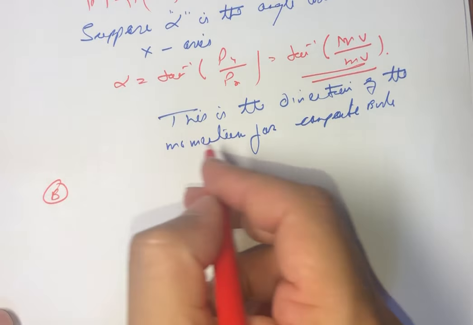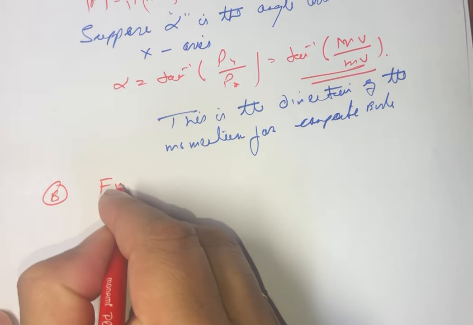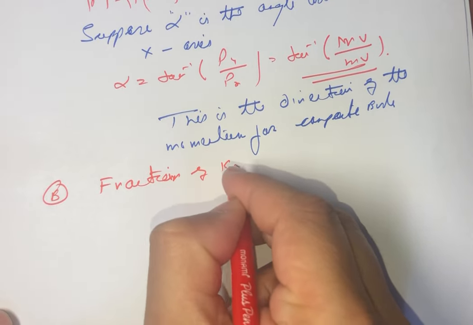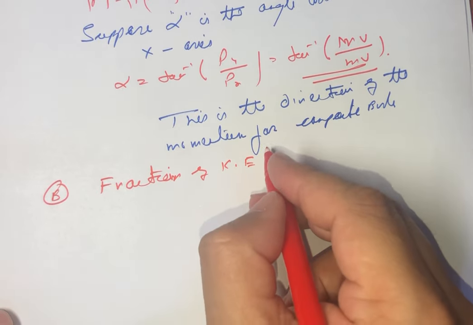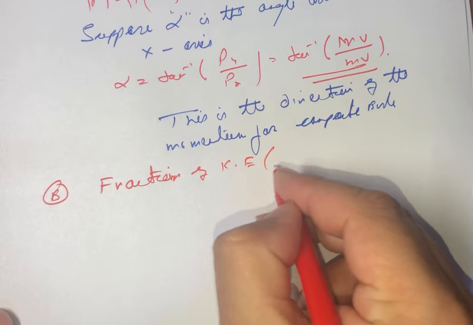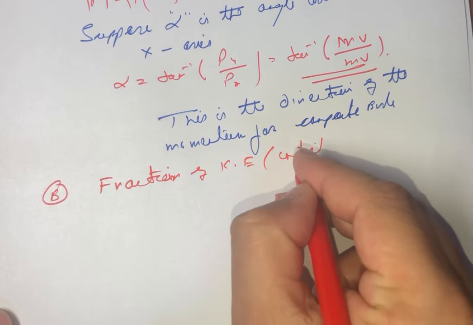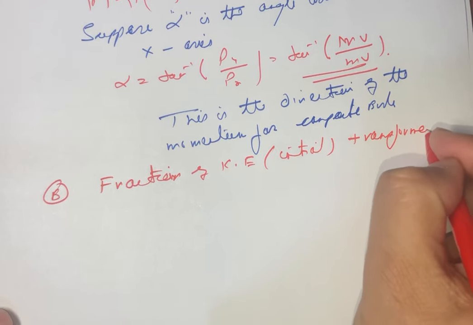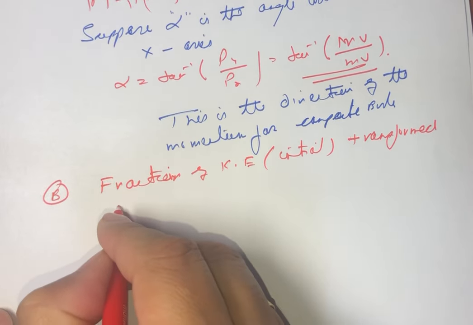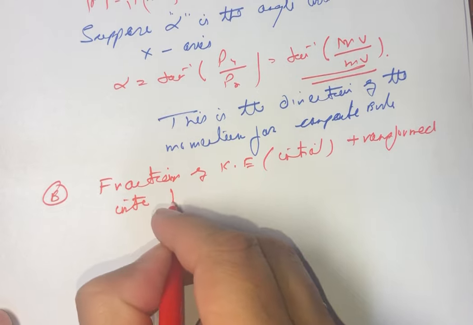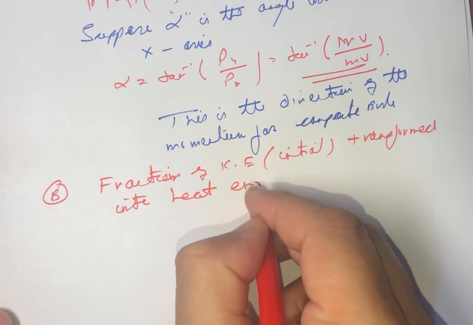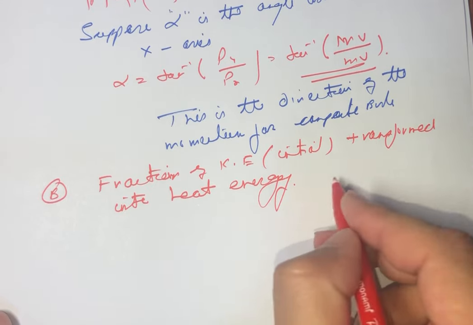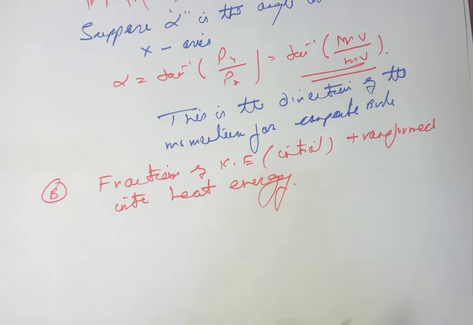So for B, fraction of initial kinetic energy transformed into heat energy, or we can simply say loss in the kinetic energy.